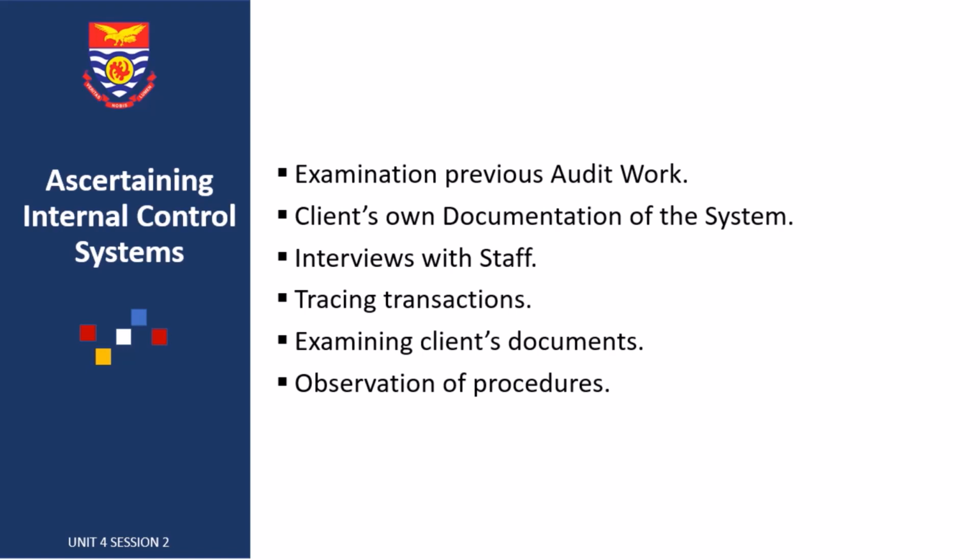You have to also examine the client's documents to see if the controls are being put in place, and then observation of procedures, how things are being done. You can go to the premises of the organization and observe the procedures being followed. When you're able to do this, you ascertain the internal control systems within the organization.